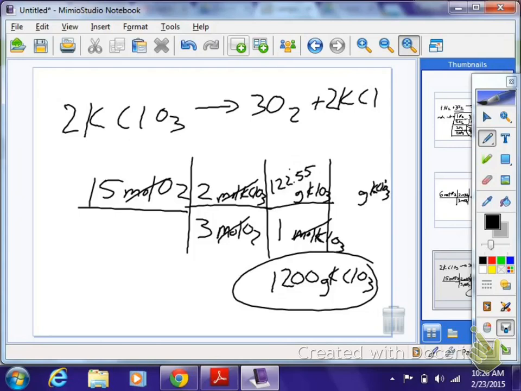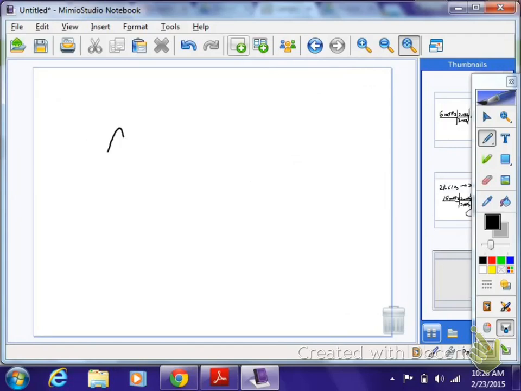They're asking you to solve for how many grams of magnesium oxide are produced. So here's your equation: Mg plus O2 gives you MgO. And it's balanced for you.